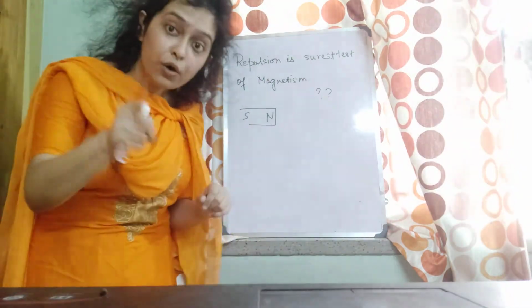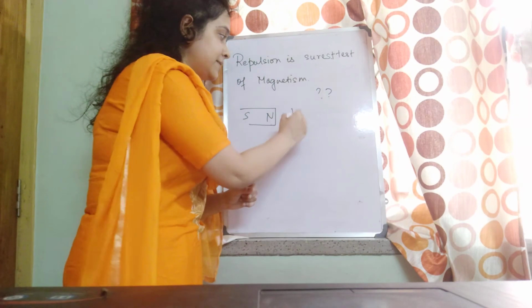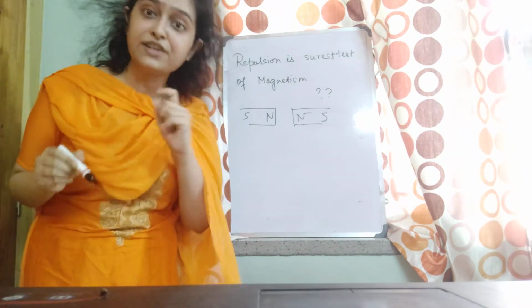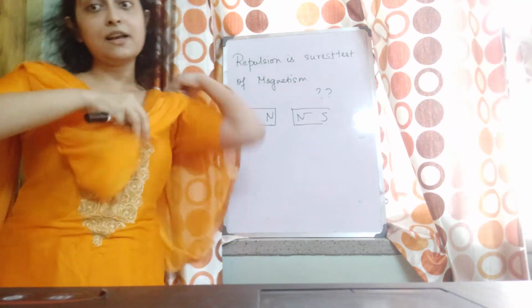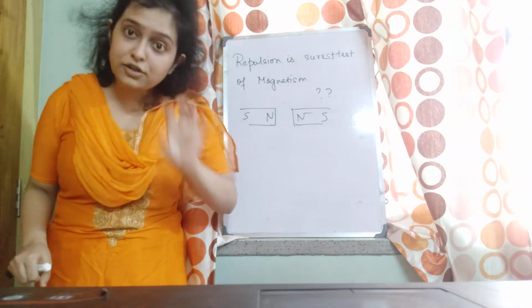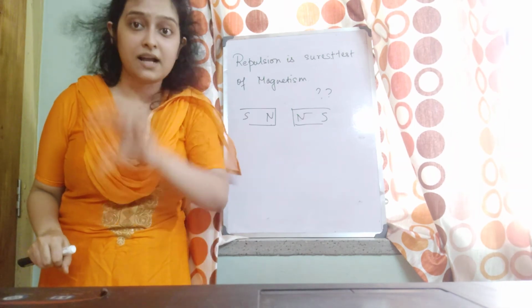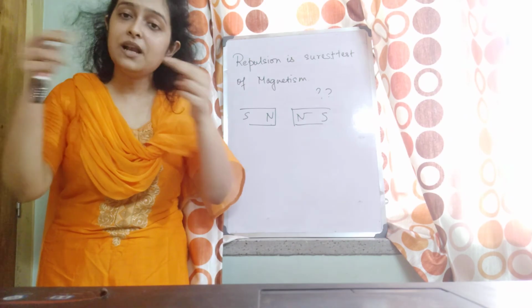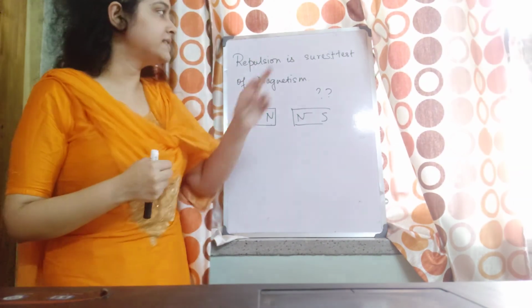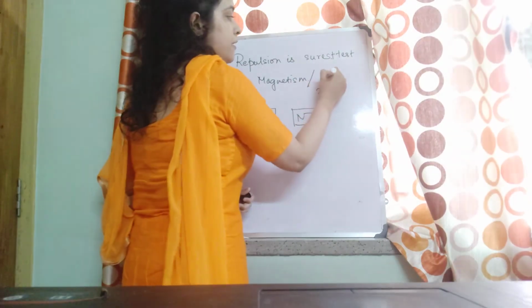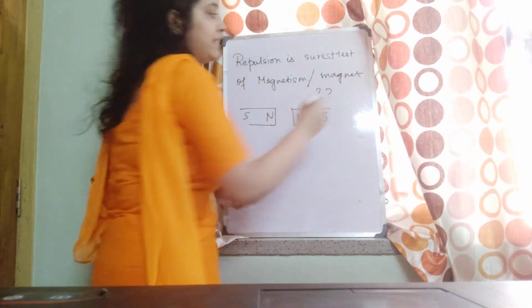But only if it's a magnet can it show repulsion. A magnetic substance cannot show repulsion with a magnet. Only a magnet can show repulsion with another magnet, when two similar poles are facing each other. So we say repulsion is the surest test of magnetism, for knowing whether a substance is a magnet or not.